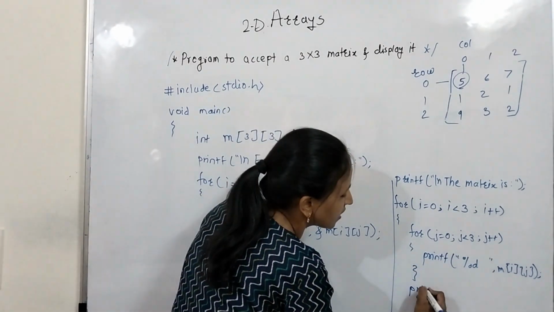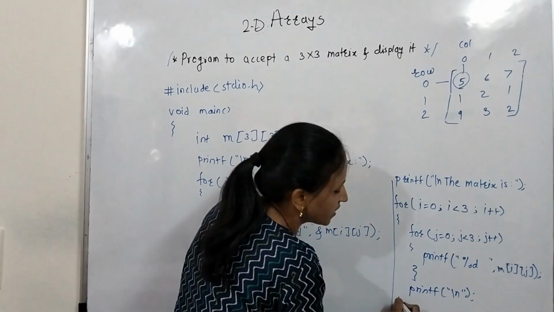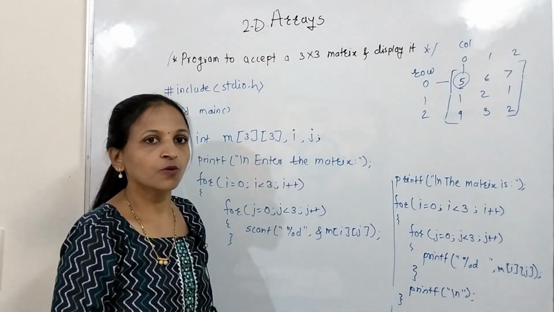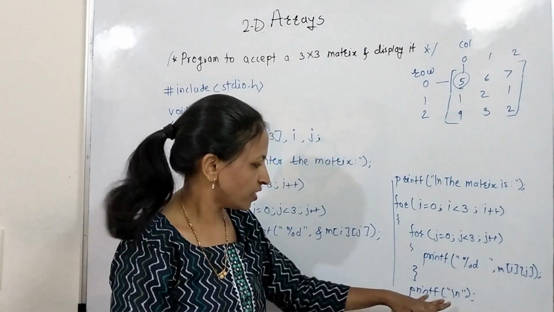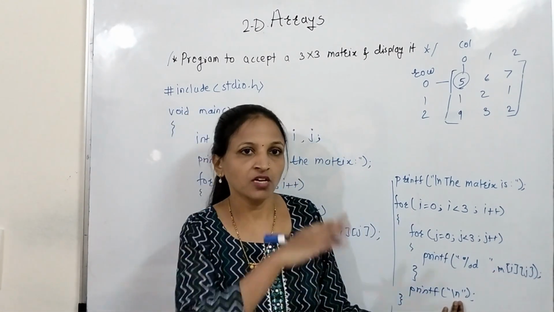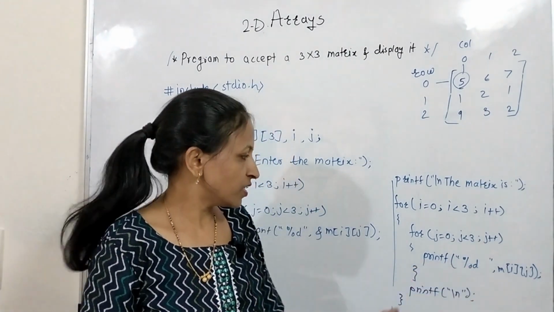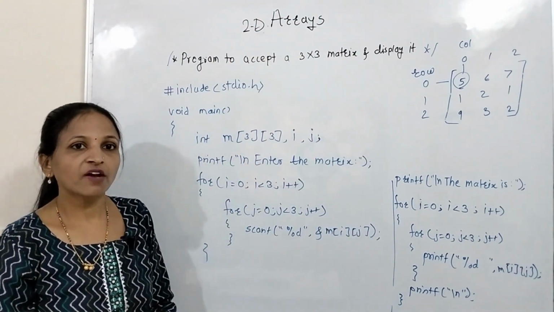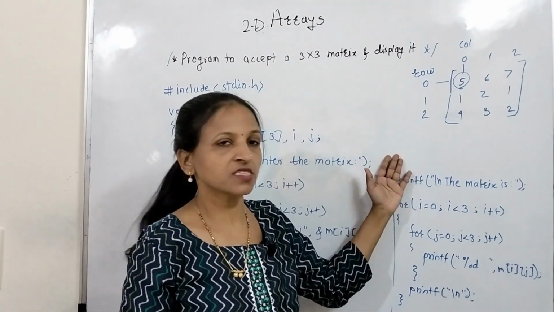That's why I am writing printf \n. It is compulsory while displaying the matrix, only then will the matrix get displayed properly. Otherwise it will display all the elements of the matrix in a single row if we have not placed this \n. Or if we place \n after every element, every element will get displayed on a new line, like 5 then 6 then 7.